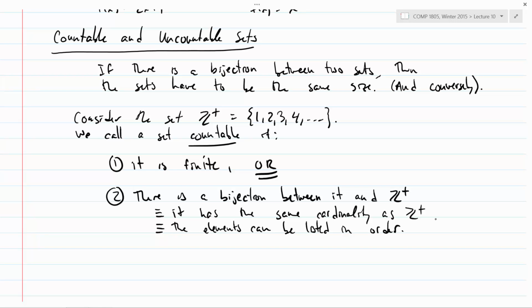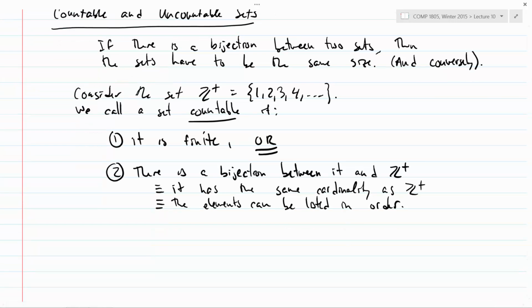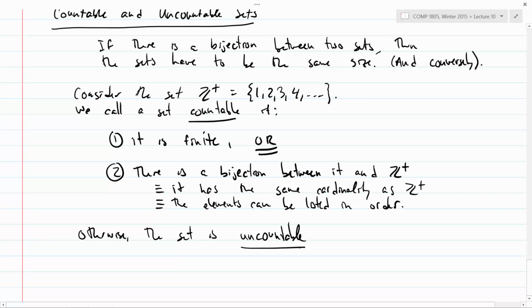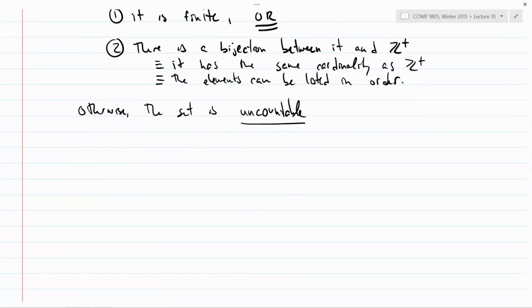All right. So, if a set isn't countable, it's uncountable. Okay. So let's do some examples and see when and if our intuition of what these things mean starts to fall apart.